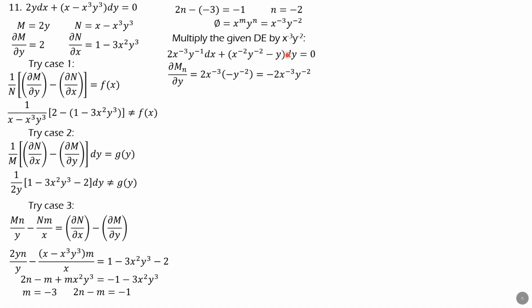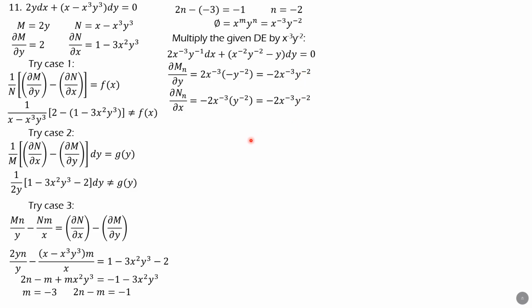While partial of n with respect to x is negative 2x to the negative 3, y to the negative 2. They are now made exact because these partial derivatives are equal.